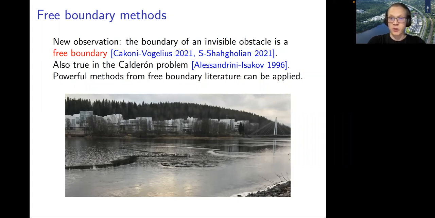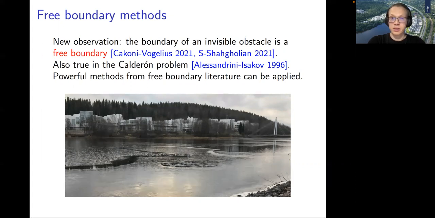And it turns out that the boundary of an invisible obstacle has slightly similar features. It will not be exactly this kind of free boundary, but it would be a free boundary in an obstacle type problem. These kinds of results were quite classical in the single measurement Calderón problem. This idea was introduced by Alessandrini and Isakov in the 1990s.